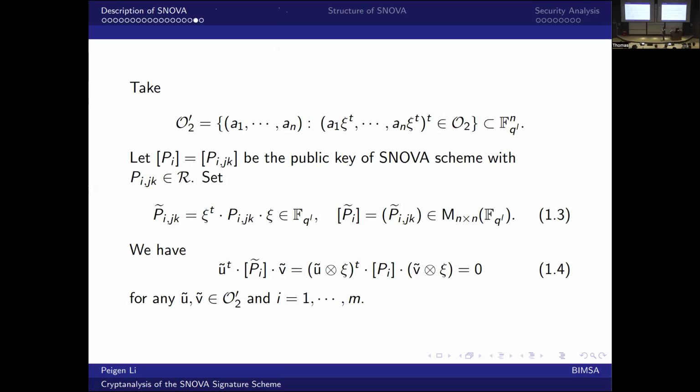Then we just restrict SNOVA to F_q^{ln}. Then we can calculate its public key, and the oil space is just defined by O2 prime. And this is a new UOV scheme.